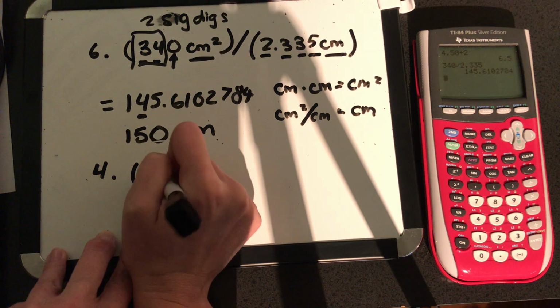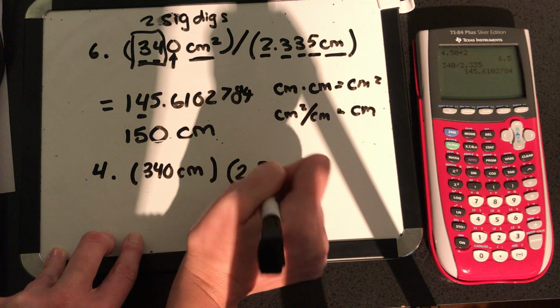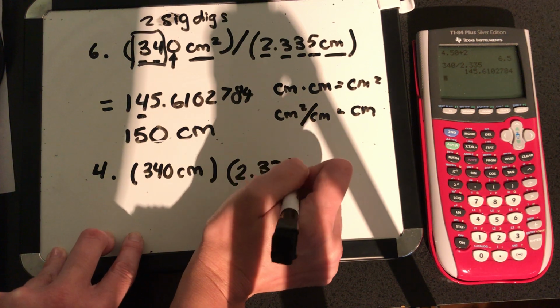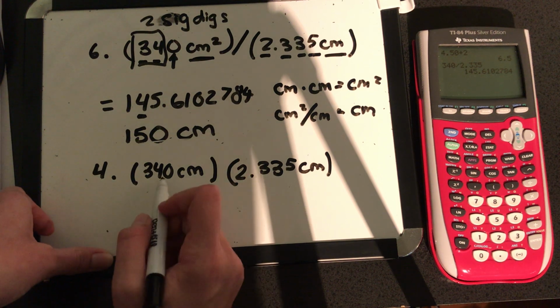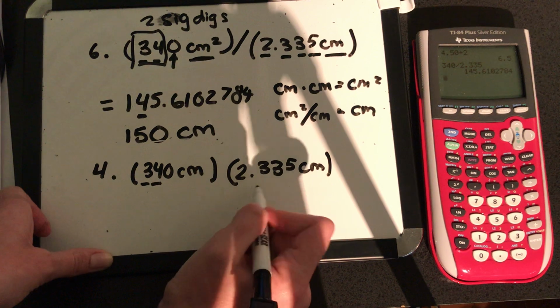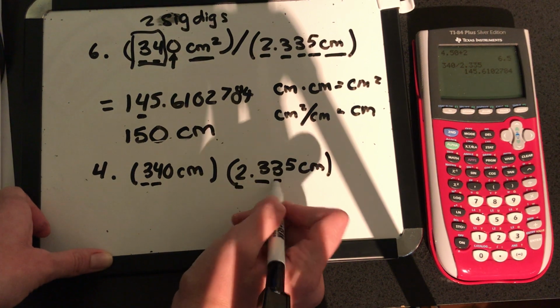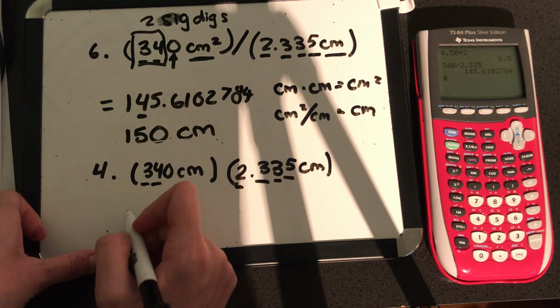So it's 340 centimeters times 2.335 centimeters. Here, once again, we have 2 significant digits. That's a placeholder 0. And here we have 1, 2, 3, 4. Notice these are the same numbers up above. We're just multiplying instead of dividing.